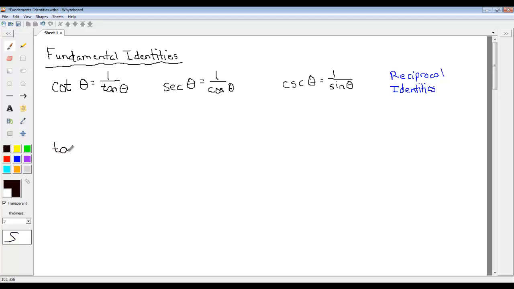You know that tan theta equals sine theta over cosine theta. We've learned that in the past. You also know that cotangent theta is the reciprocal of that, so it's cosine theta over sine theta. So we call that quotient identities.